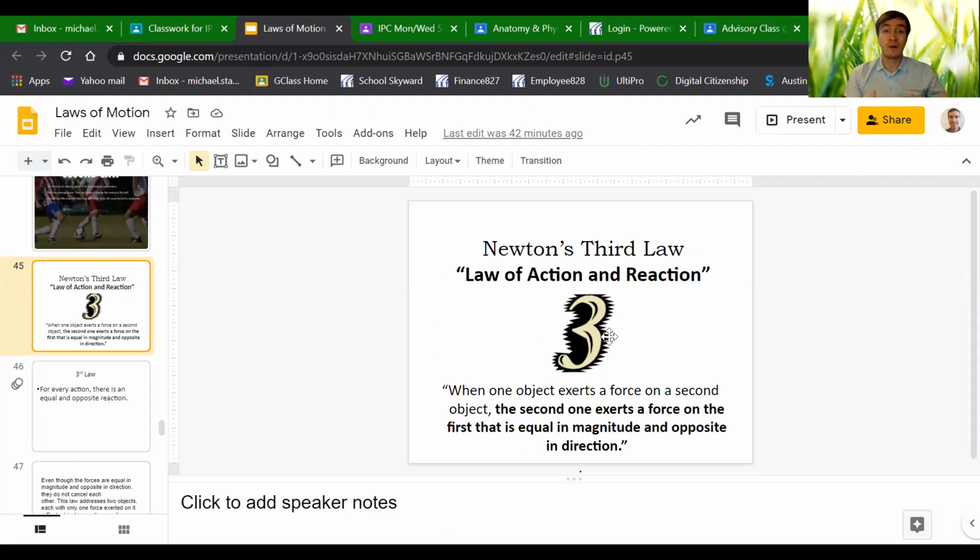So that is our third law of motion and the very final new material that we'll be covering in IPC class this term. So does anybody have any more questions on the third law of motion and what exactly it means?